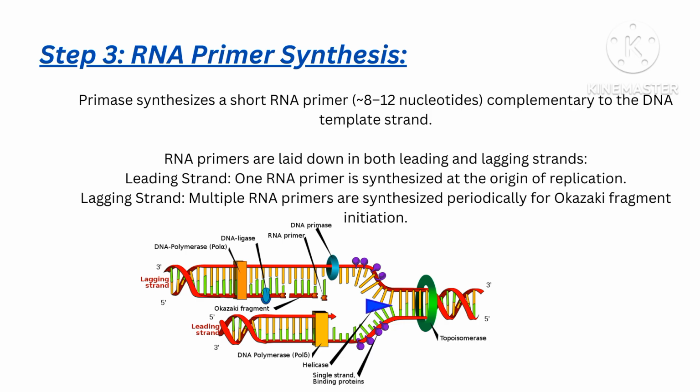RNA primers are laid down in both leading and lagging strands. Leading strand: one RNA primer is synthesized at the origin of replication. Lagging strand: multiple RNA primers are synthesized periodically for Okazaki fragment initiation.